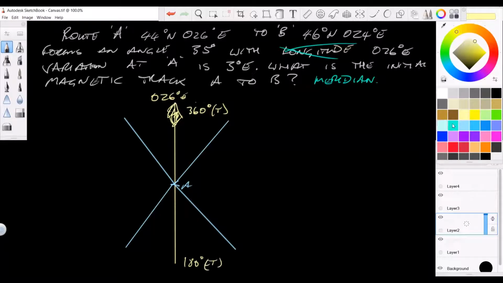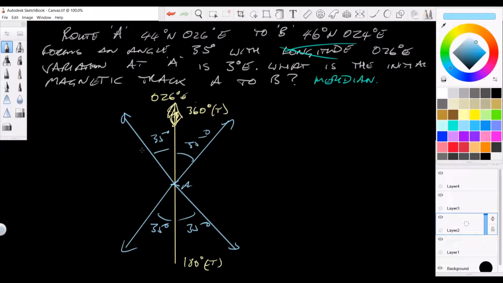So if our bearing line is 35 degrees off the meridian, what they mean is that this angle here, or this angle here, or hint, this one, this angle here is 35 degrees. And that's what they're telling you.